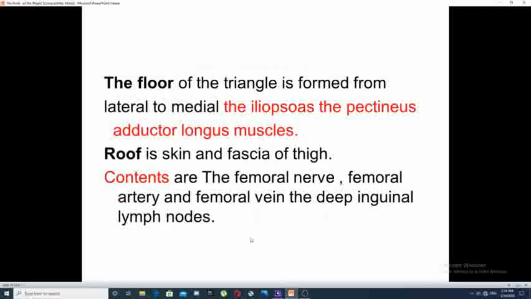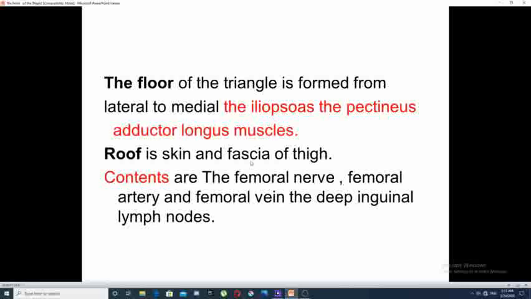It has a floor which is also formed by muscles from lateral to medial: iliopsoas, pectineus, and adductor longus muscle. It has a roof which is formed of skin and fascia of thigh.